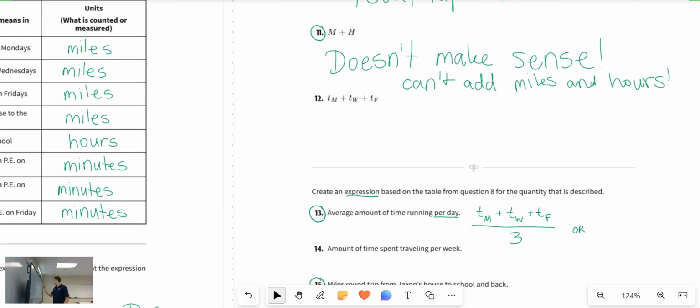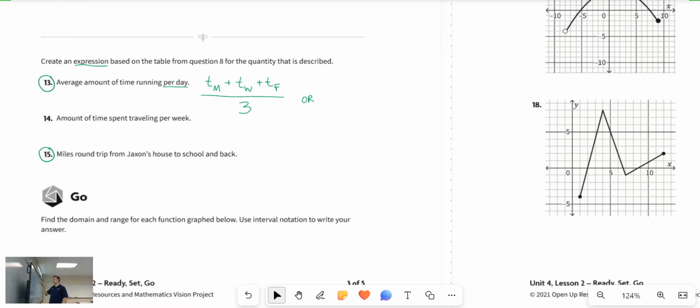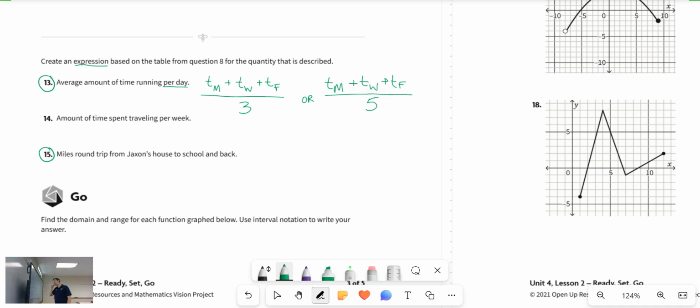So we could also say that the average amount of time running is how much he runs total during the week, which is the time on Monday, the time on Wednesday, the time on Friday. But it's per day, and there are 5 days. So we could also justify making this T M plus T W plus T F divided by 5, or even divided by 7.